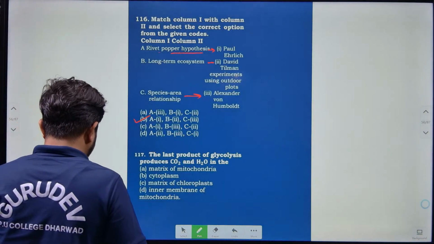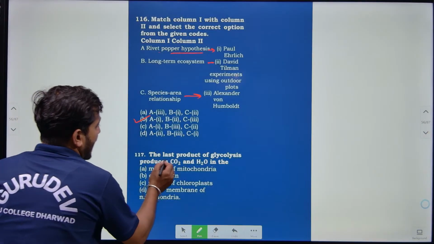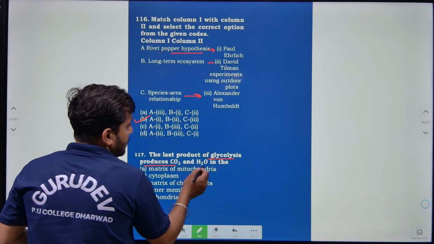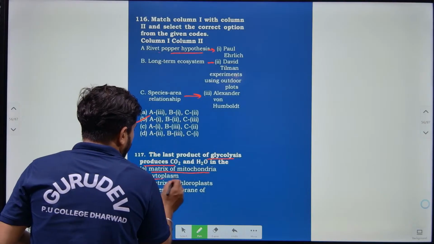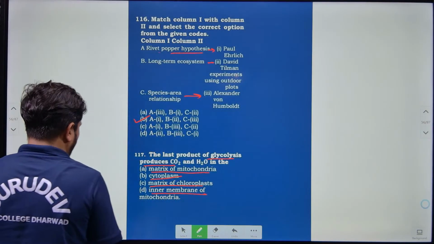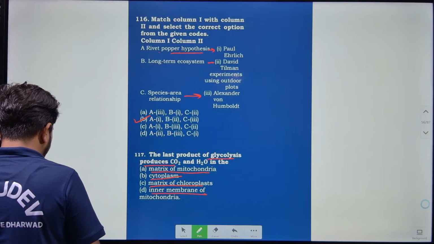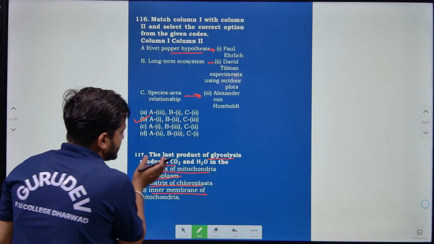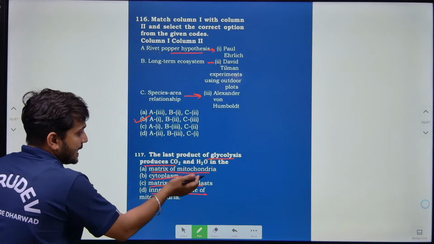Then next, the last product of glycolysis produces carbon dioxide and water in the matrix of what?